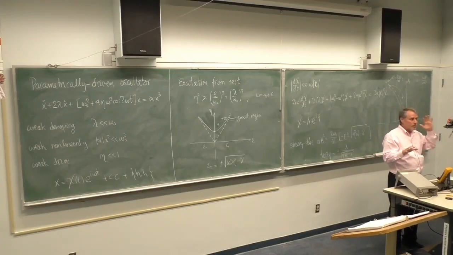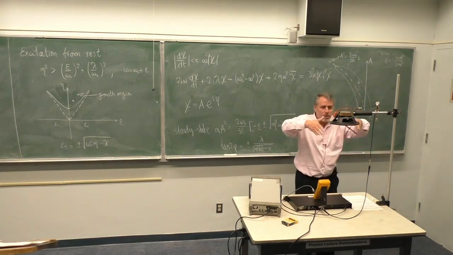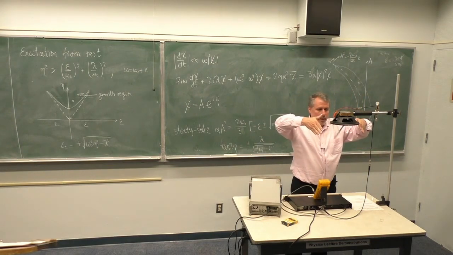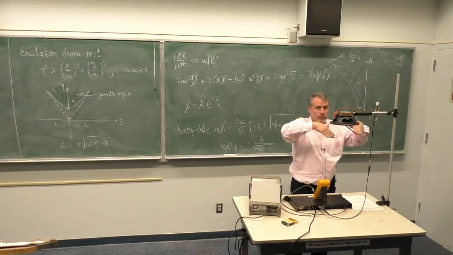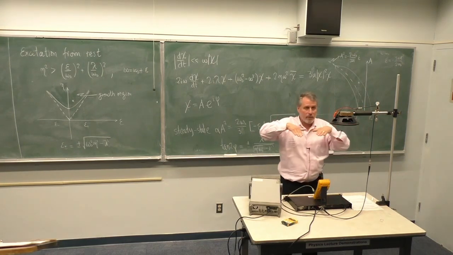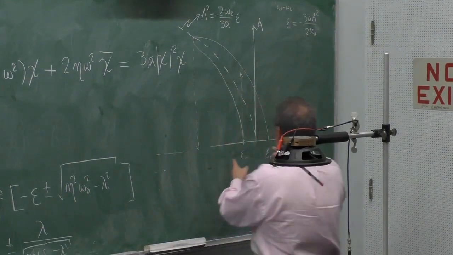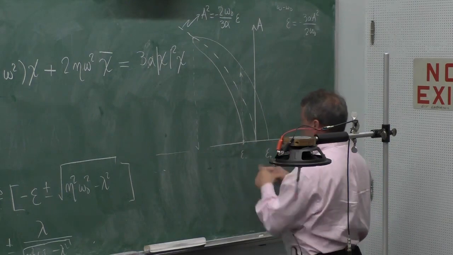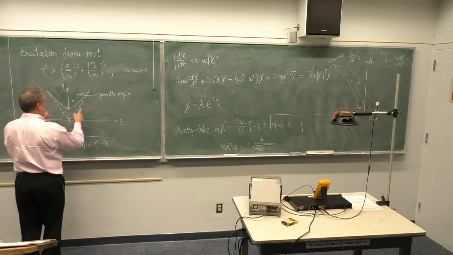Now let me change the demo. In this demo, I have the pendulum increasing its amplitude as I decrease the frequency. That was for a fixed drive amplitude. By the way, this region here between epsilon plus and epsilon minus is the same region here between epsilon plus and epsilon minus.